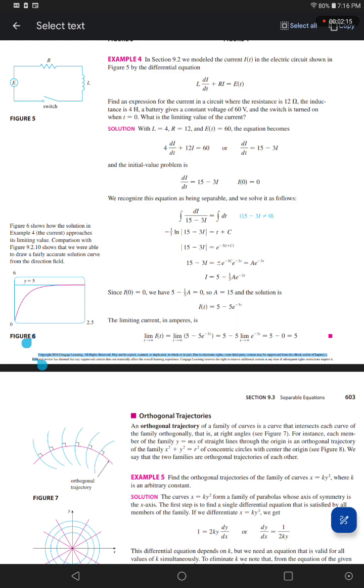Negative 1/3 the natural log of the absolute value of 15 - 3I equals t + C.